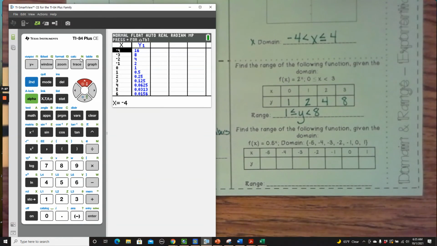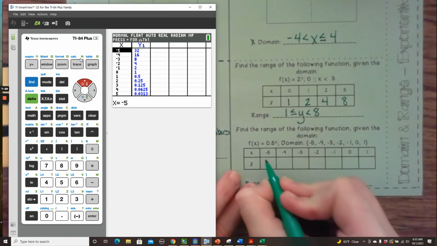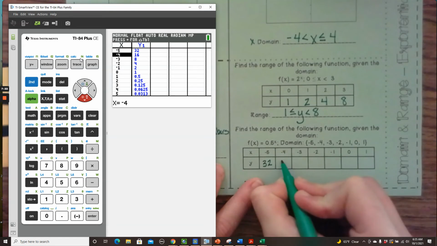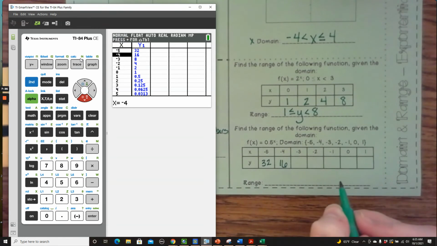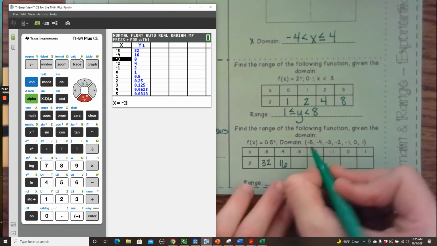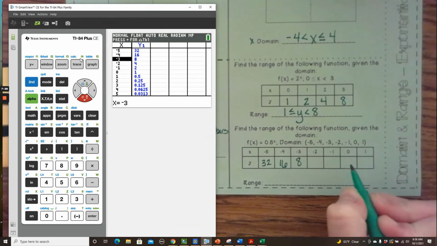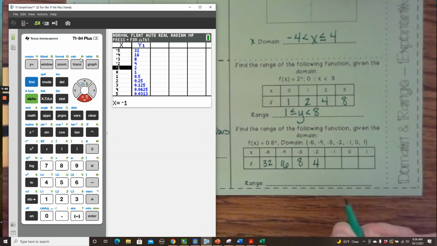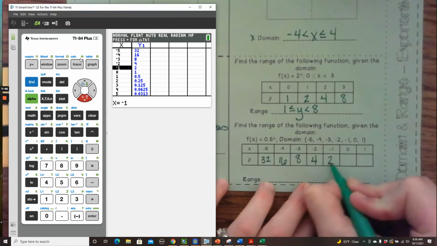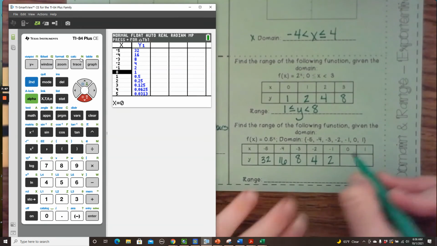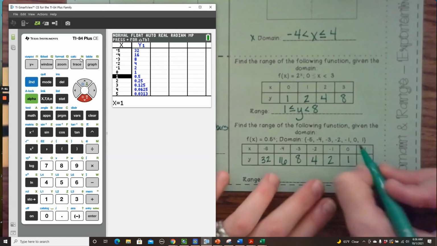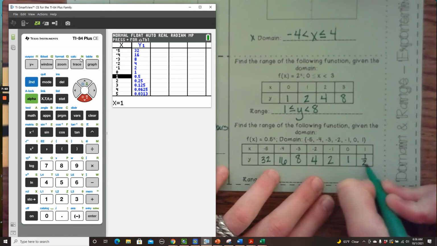All right, so where x is negative 5, y is 32. Where x is negative 4, y is 16. Where x is negative 3, y is 8. Where x is negative 2, y is 4. Where x is negative 1, y is 2. Where x is 0, y is 1. And where x is 1, so we got 0.5, which is a half.